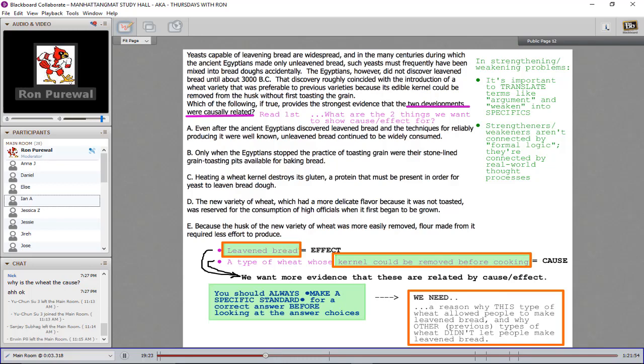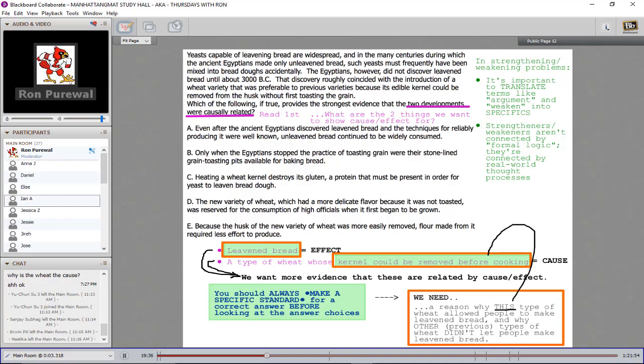All right, this is what we need, right? We need a reason why removing the kernel before cooking allows us to make leavened bread, and why, if you can't remove the kernel, then you can't make leavened bread.